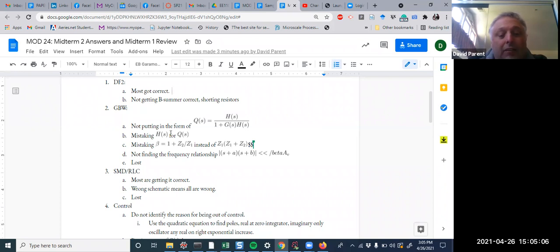So what some people are doing is trying to determine whether it's over or under critically damped on H of S rather than the whole thing. Sometimes they get that right, but they're mistaking beta for the actual gain rather than one over the gain. And so that throws off the answer.